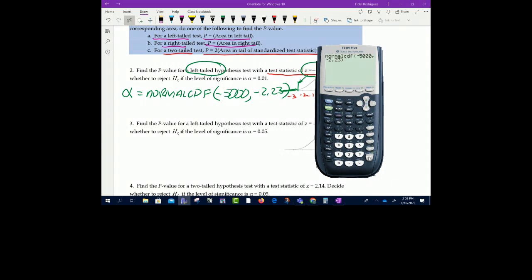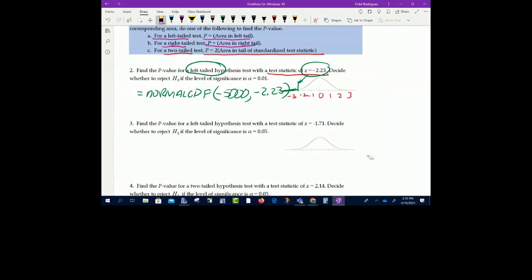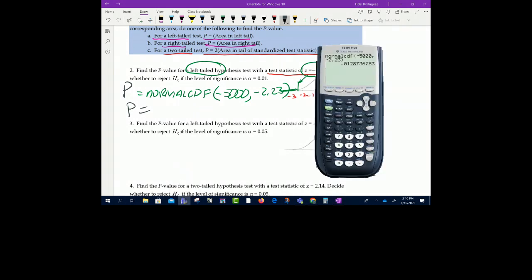All right. So I'm coming up with my alpha to be 0.0128. Sorry, it's not my alpha, it's my p-value. So my p-value here was 0.01, would you say 28 or 29? 29, okay.